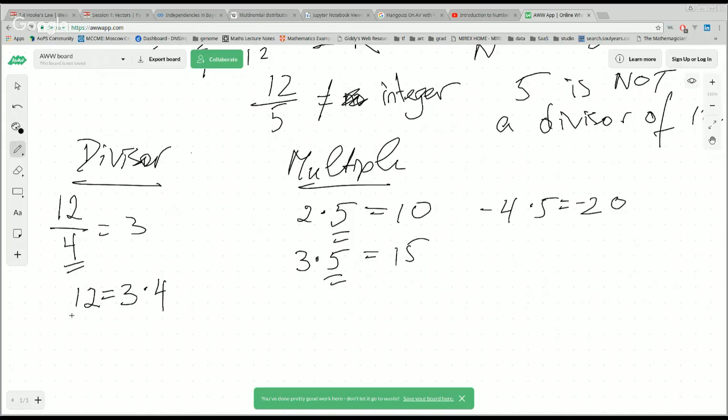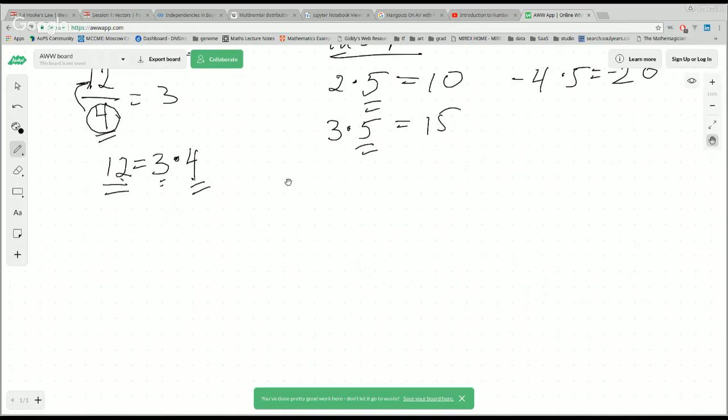This tells me that 12 is a multiple of 4, 3 4s. So 12 is a multiple of 4, but 4 is a divisor of 12. So this suggests a relationship between the notion of a divisor and a multiple.